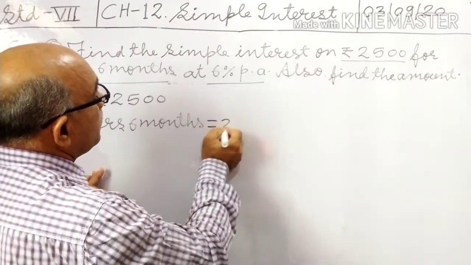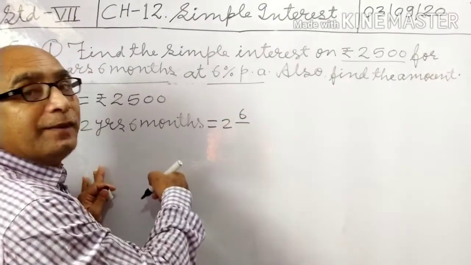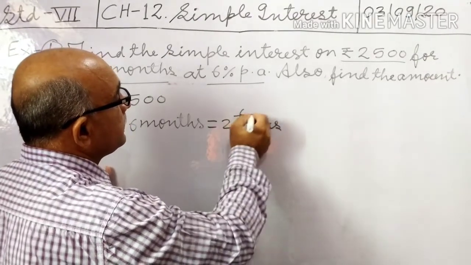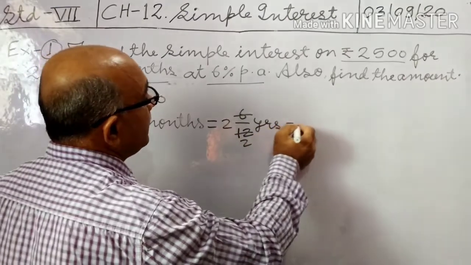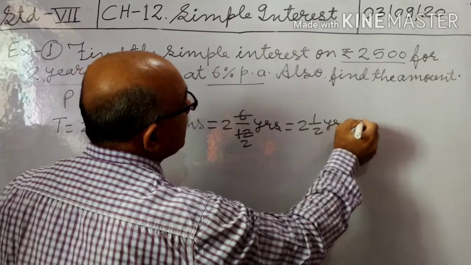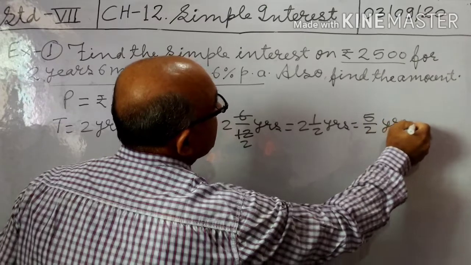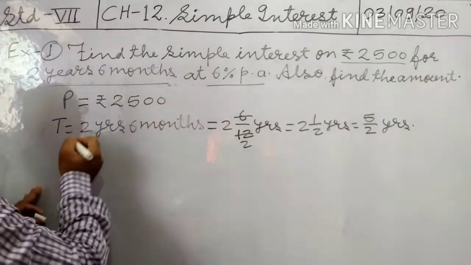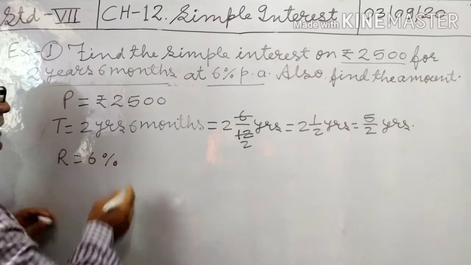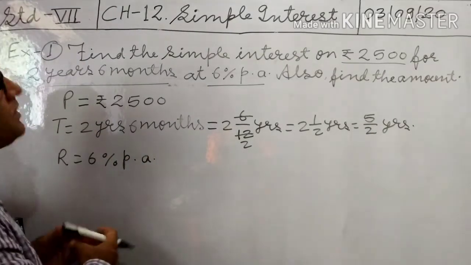Months change into years, so divide by 12: 6 divided by 12 is 1 by 2 years. So 2 whole 1 by 2 years, that means 5 by 2 years. Rate equal to 6% per annum. Now find first of all the simple interest.